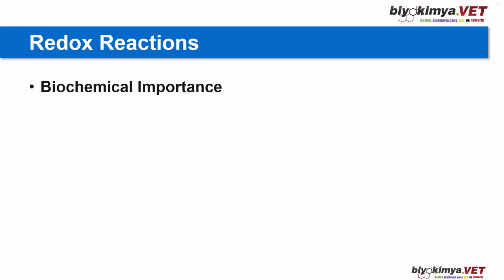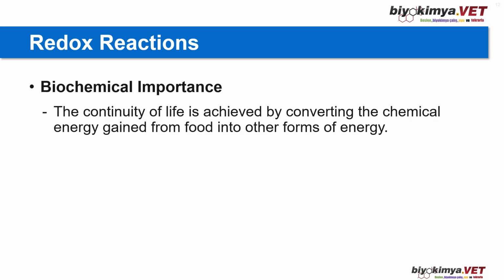Biological importance of redox reactions. The continuity of life is achieved by converting the chemical energy gained from food into other forms of energy. And remember the general equation that we use glucose to produce ATP. And this occurs via redox reactions.